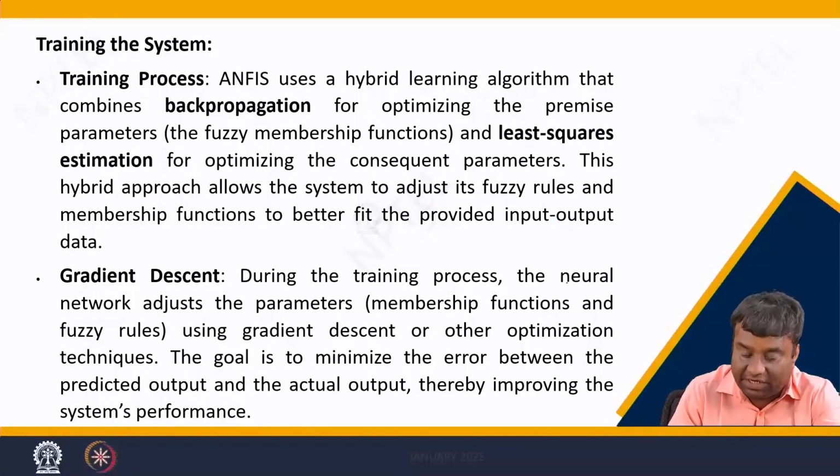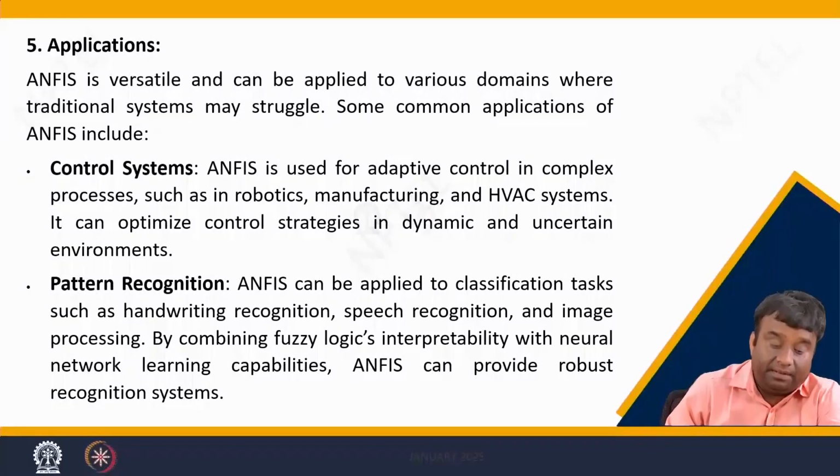Gradient descent: during the training process, the neural network adjusts the parameters, membership functions, and fuzzy rules using gradient descent and other optimization techniques. The goal is to minimize the error between the predicted output and the actual output, thereby improving the system performance.